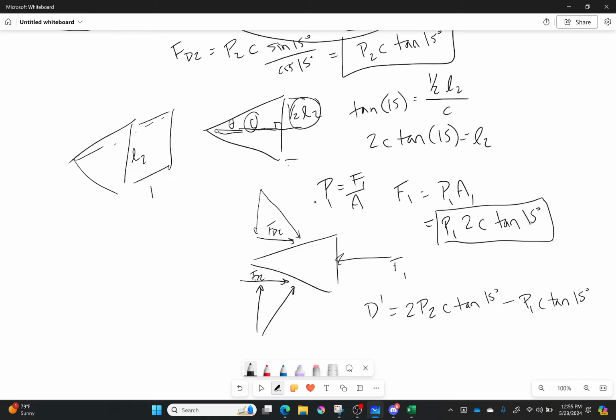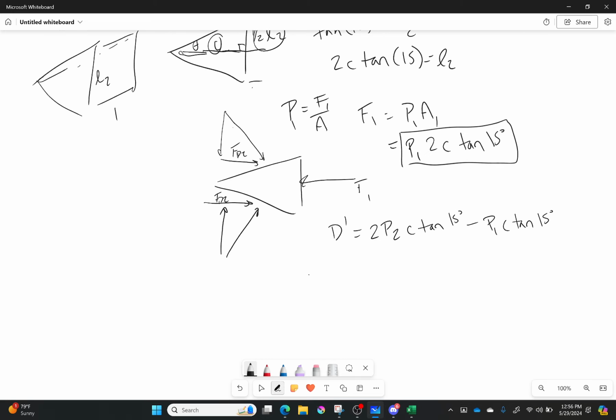Now let's plug that back into my initial equation. Because remember, we know that the coefficient of drag per unit span is equal to my drag prime over Q1 times C. So that's going to be equal to, and for simplicity's sake, that's a 2 there, sorry. I'm going to pull out the 2 tan and everything else.